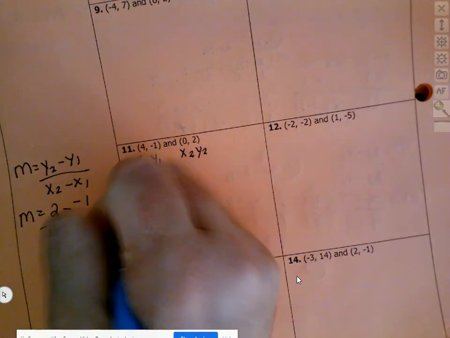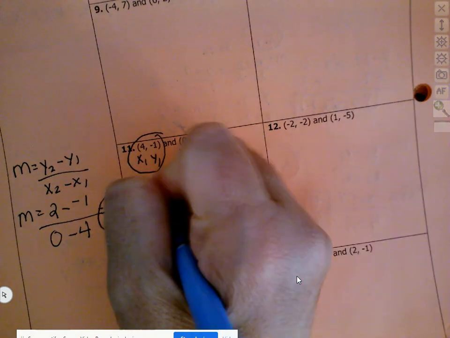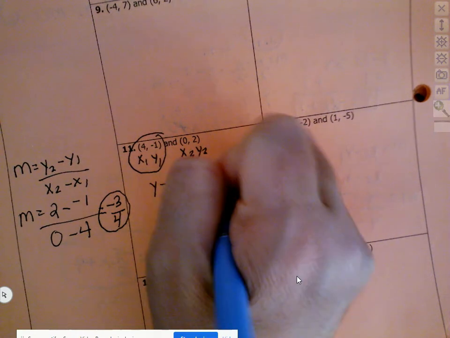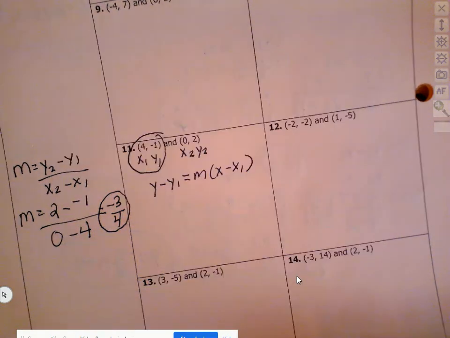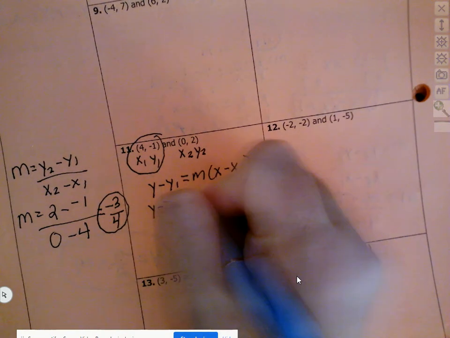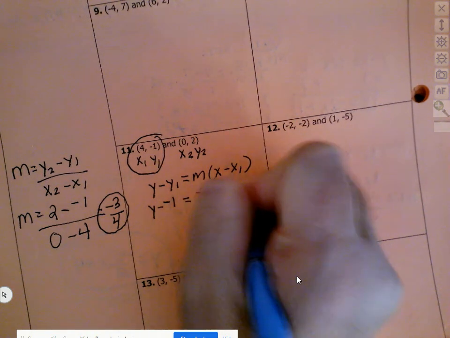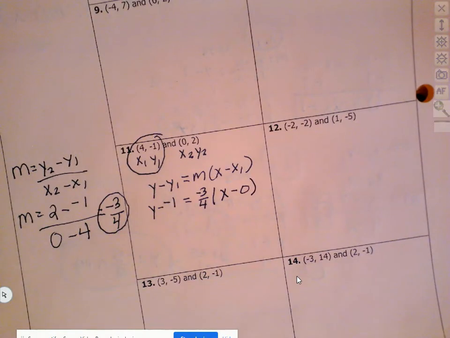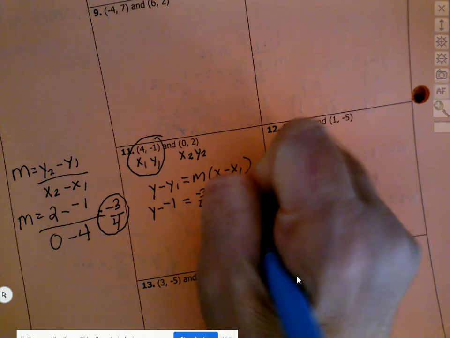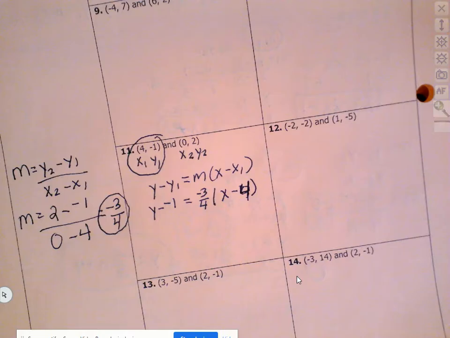So here is our m. Here is our x1, y1. So now we do y minus y1 equals m times x minus x1. So y minus a negative 1 equals m, which is negative 3/4, times x minus 0, because x minus 4, I took it from the wrong place, I'm sorry. x1 is 4, so that's why you've got to pay attention to what you label.